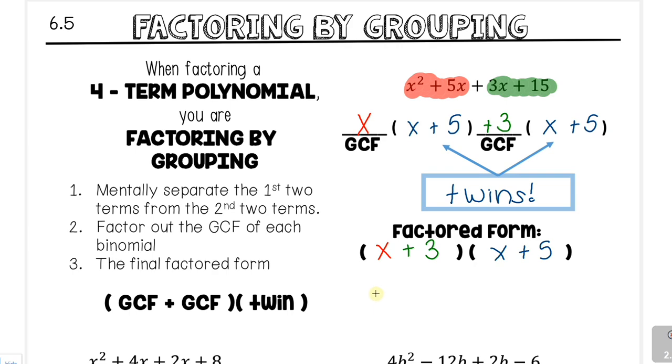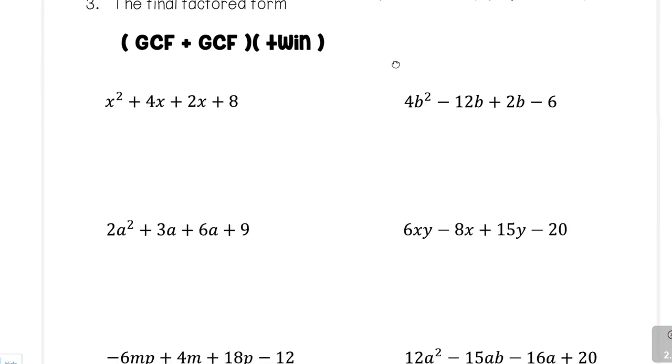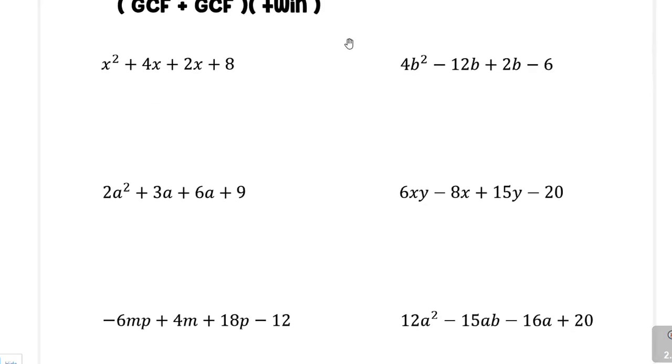Okay, let's look at some examples. So we have x squared plus 4x plus 2x plus 8. So if we split it up, we have a binomial, and we have another binomial.